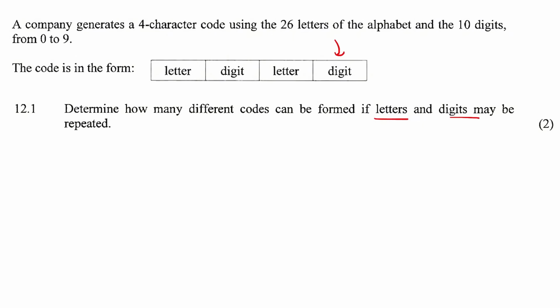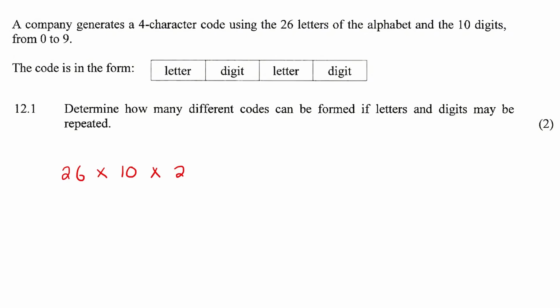Okay, very, very easy. For the first one, how many letters can we choose from? 26. For the digits, how many can we choose from? 10. Now for the letter for the next one, how many can we choose? 26 again. Why? Because they said letters and digits may be repeated. So even if you used an A over here, you're allowed to use an A again.